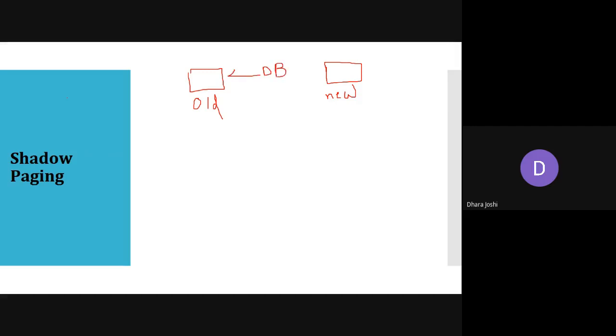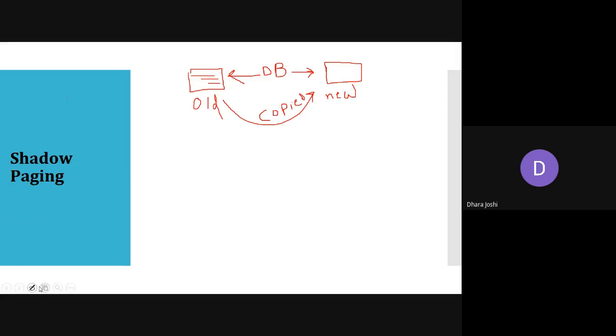Once all the operations are performed on this copy and the transaction is successfully completed, that means the transaction has the commit instruction inside it, then at the end the database will have the pointer towards this new copy, because the values which we want are copied to this shadow page. At that time we studied it as a shadow copy.